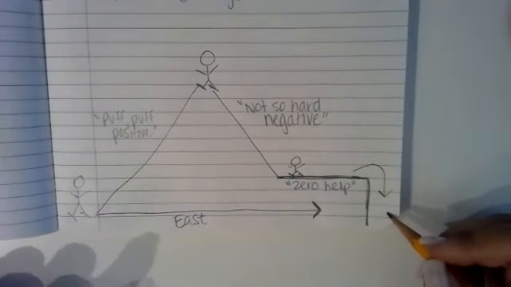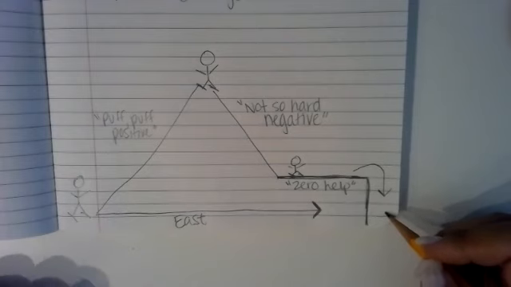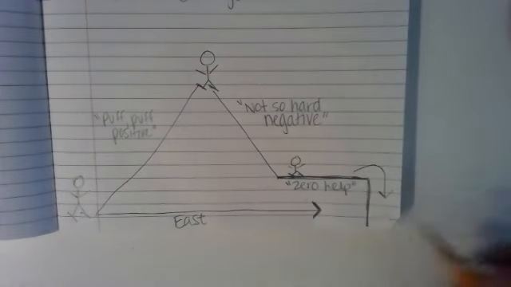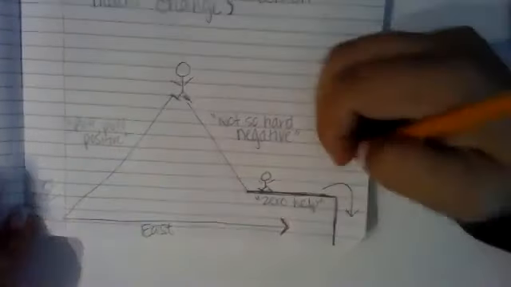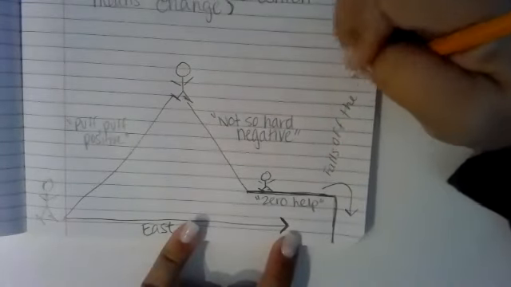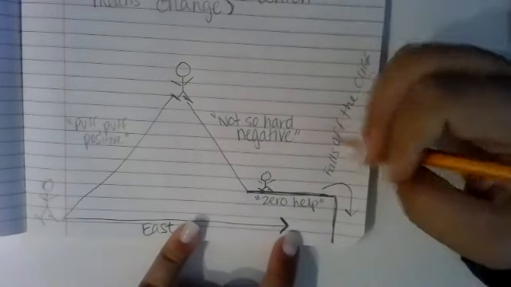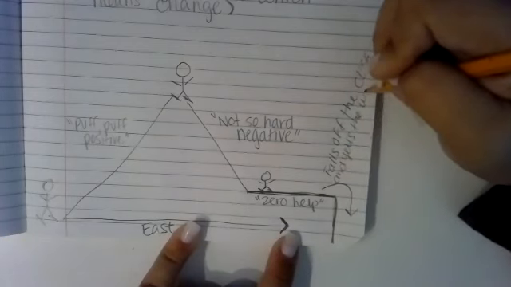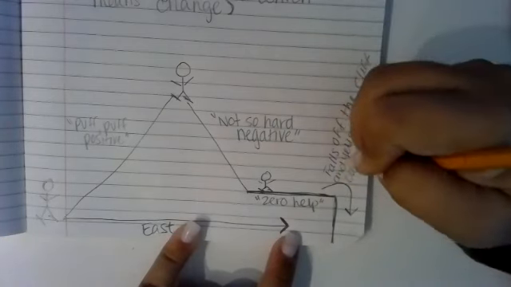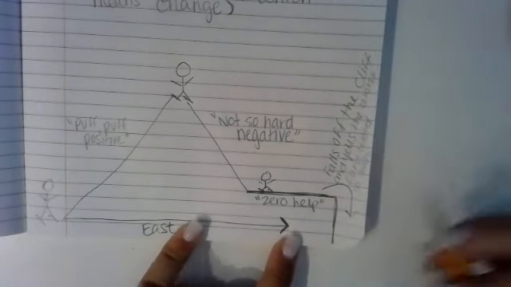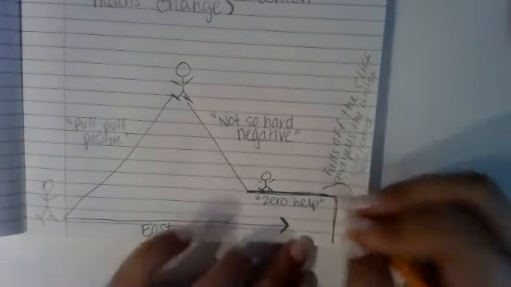As Ski Dude goes along the zero help, he doesn't see the edge and he goes over it. And as he falls off the cliff, he yells out the worst curse word in math: undefined.